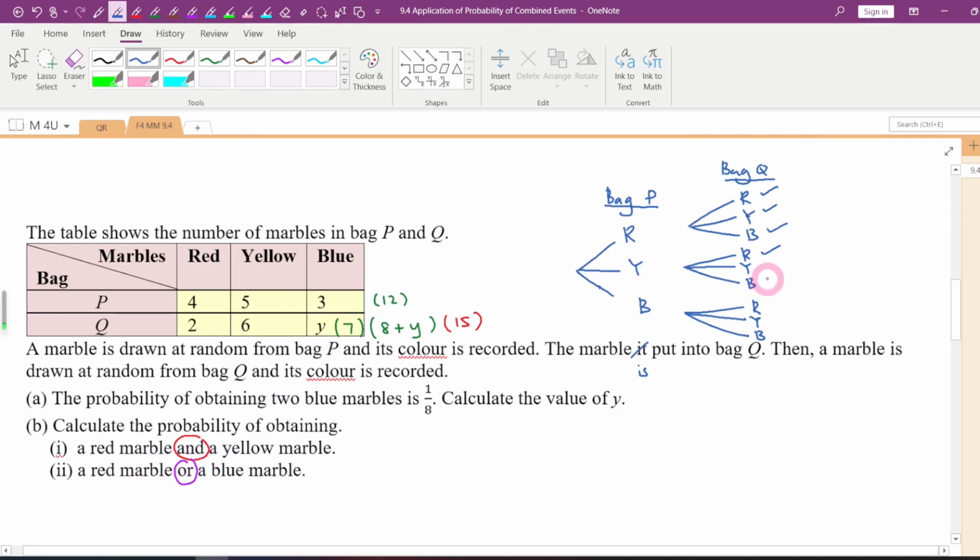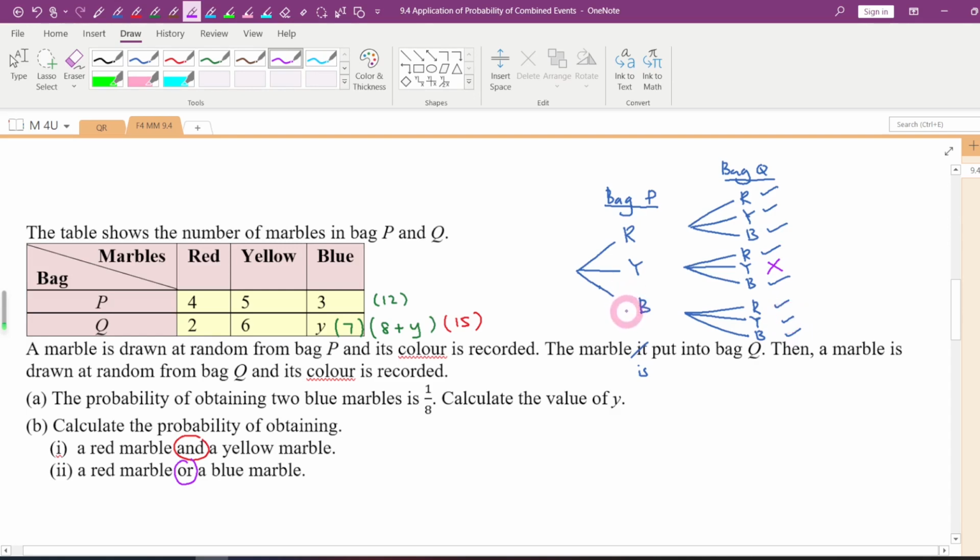So yellow, blue, yes. Blue, red, blue, yellow, blue, blue. So you will notice that a lot of combination here actually can be accepted, right? But there's one combination we cannot accept, which is this one. So in this situation, I will be using another method in order to get all of this probability and add them up together.